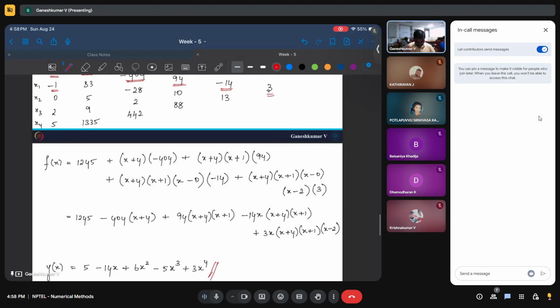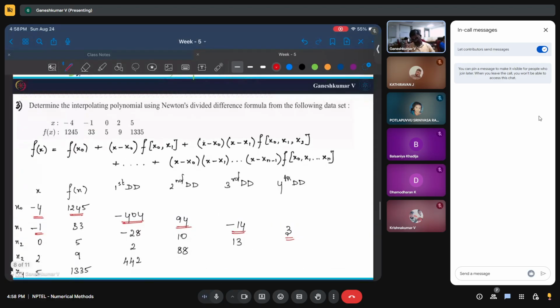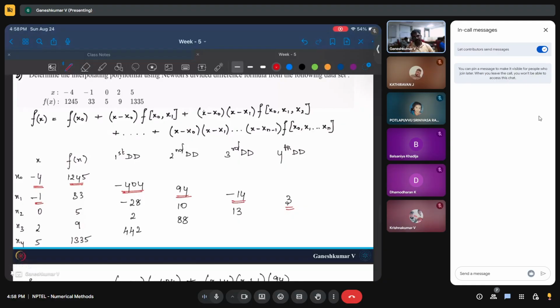Okay, but ultimately the aim is you have to do this forward difference table, sorry, the divided difference table. This is a divided difference, and you have to be careful while doing it, because you need to know the denominators, x0 minus x1, x0 minus x2. So when you are doing this, these two differences you need to take. When you are doing this, these two differences you need to take.